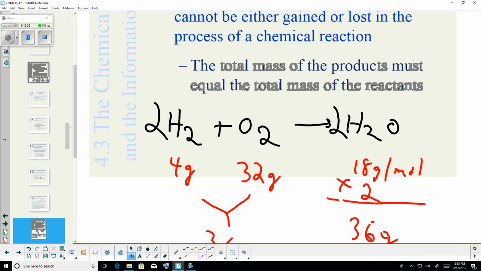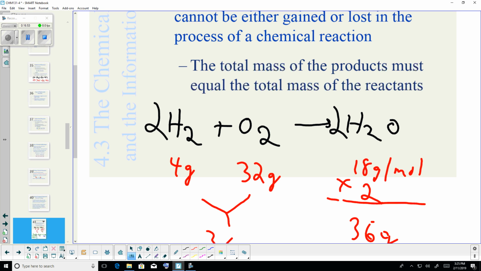So here's a balanced equation for water. 2 molecules of hydrogen plus 1 molecule of oxygen gives us 2 molecules of water. If we look at molar masses, the molar mass of molecular hydrogen is 2, because there's 2 H's, each one is 1.